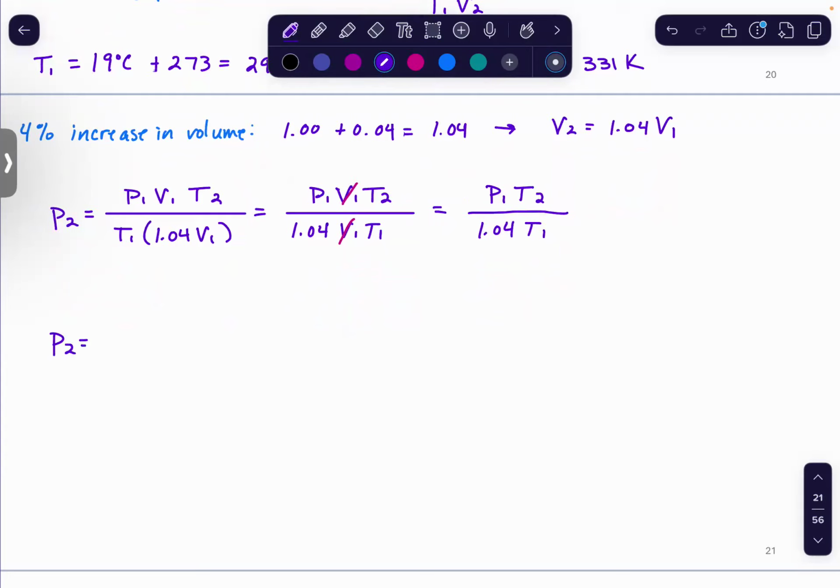Now, once you're getting this far, before you start plugging in numbers, again, we're trying to build skills. Some of you may have them, some may not, but we're just going to work on them.